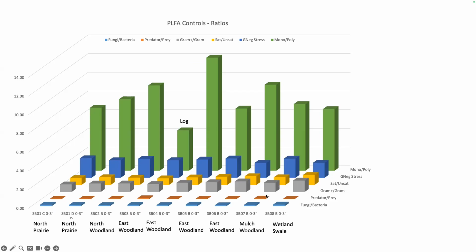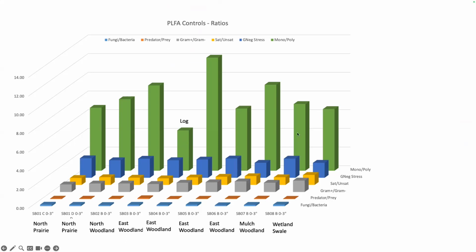One of the interesting things is our highest concentration sample seemed to have a lower ratio of at least these mono and poly groups, which probably means it's more balanced. So overall, the lower the ratios, the more balanced your communities are. This gram negative stress is the gram negative over the gram positive.